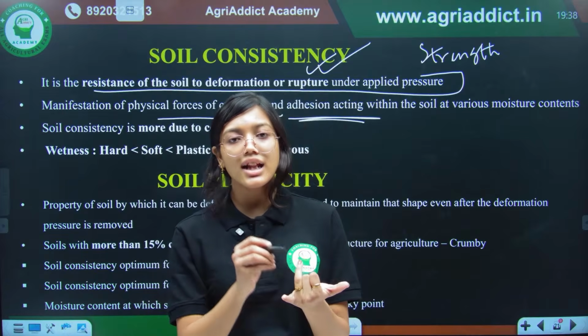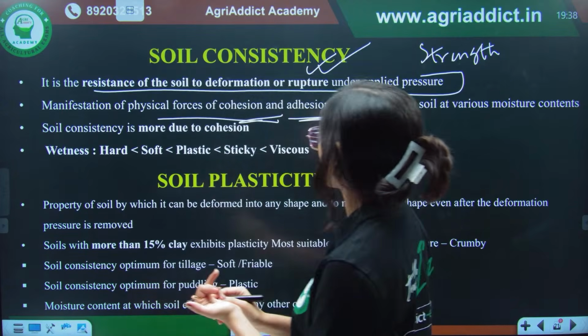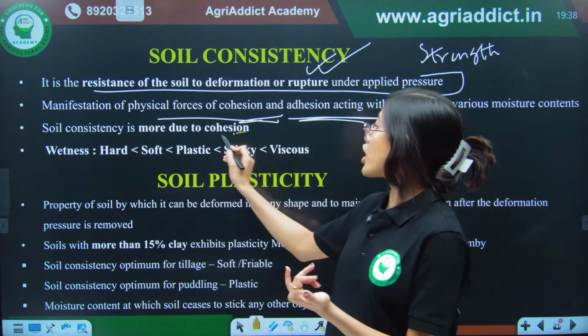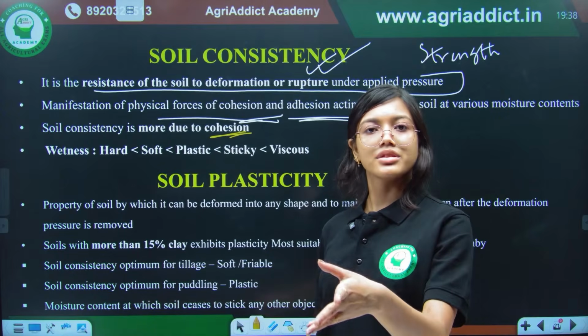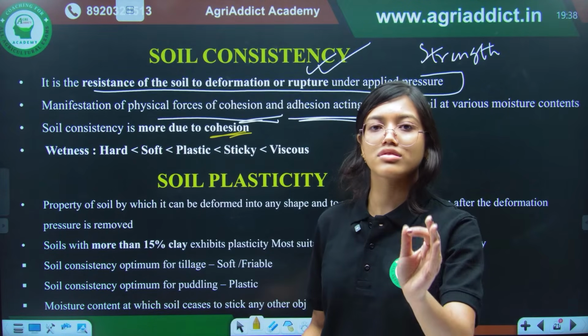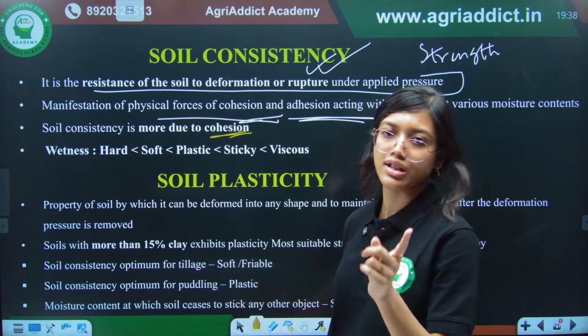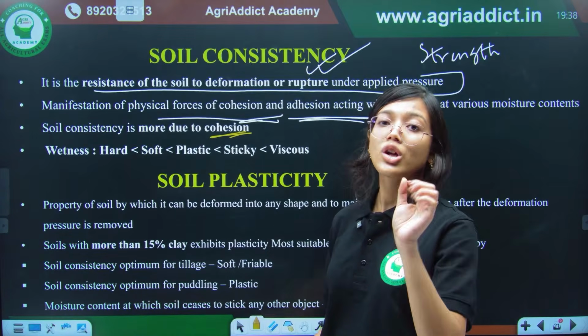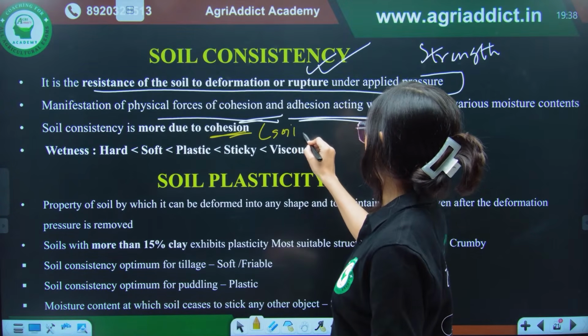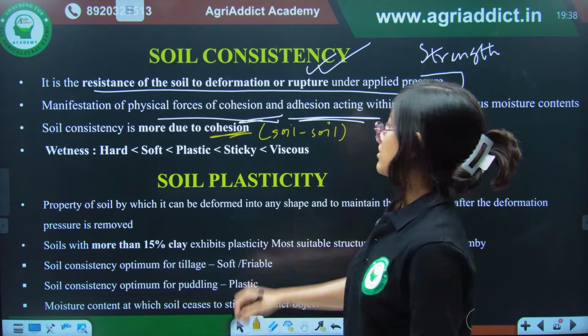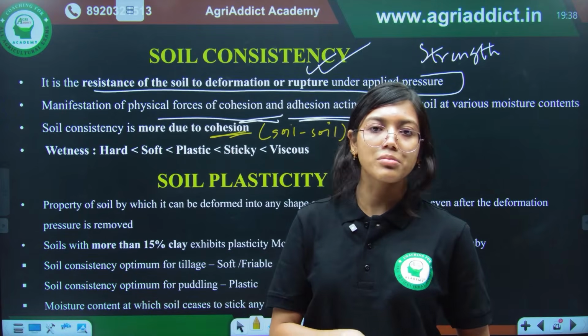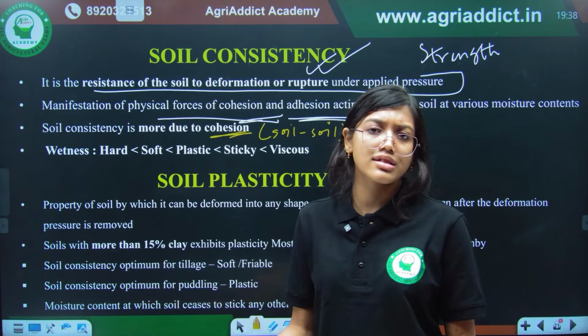So, we directly relate our soil consistency to moisture, and this is more due to cohesion. So, if an MCQ comes like, what is the main force responsible for consistency? It is cohesion, because cohesion will be in between soil. If your soil sticks to any foreign object, then your soil will not be that consistent.